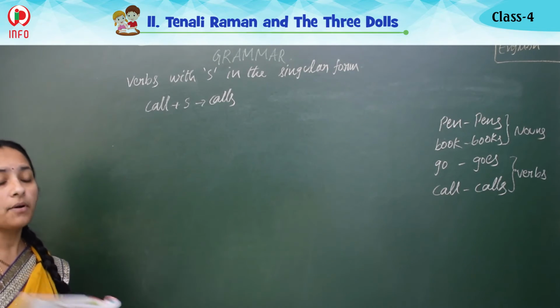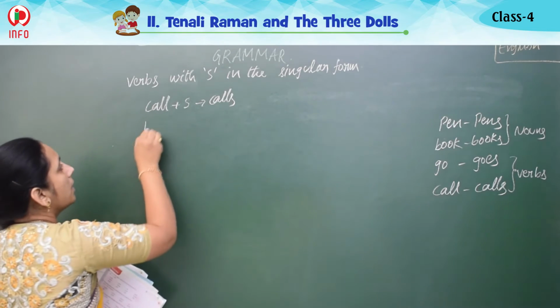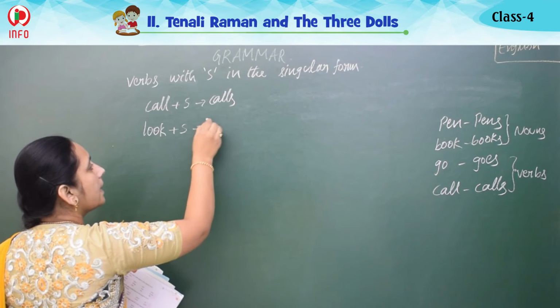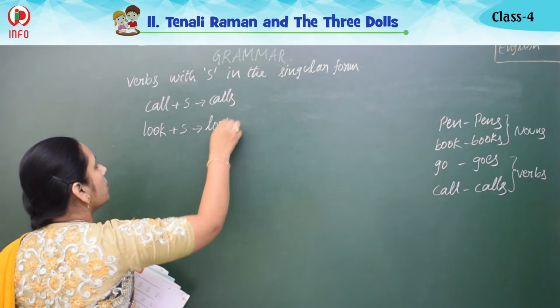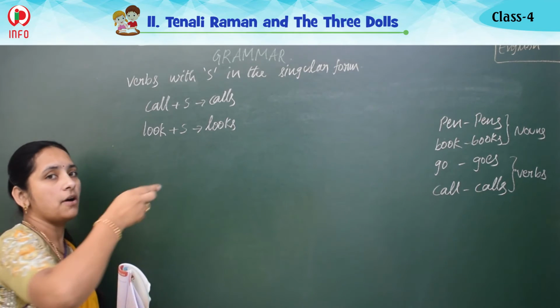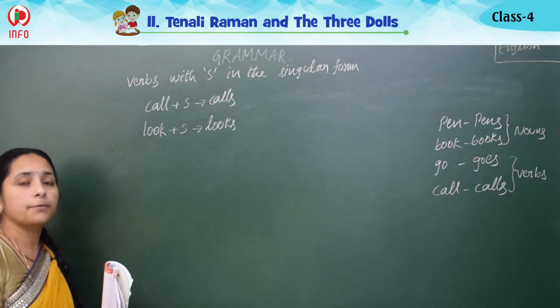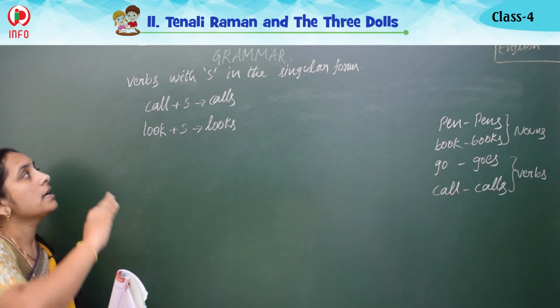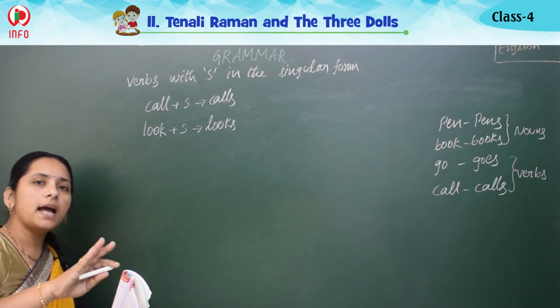And now see how we get some of the words. Look: by adding only S, we get looks. This is not a plural form. For the sentence, for V1 S/ES, we should add S only. Here I am talking about verbs, where we can add S or ES.